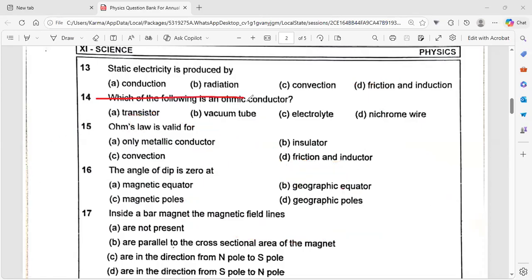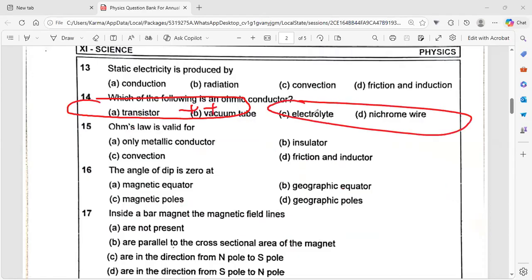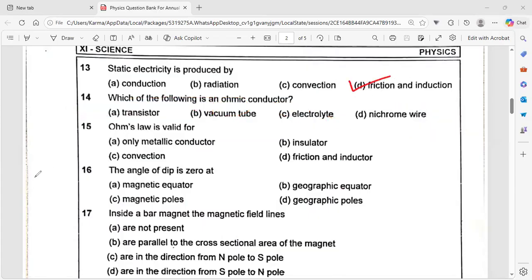And when a charged rod is placed in the vicinity of another object which is uncharged, being positively charged, it will attract all the electrons and repel the positive charge. This separation of charges happens, and the object seems to be charged. It is because of induction. Friction and induction is the answer.